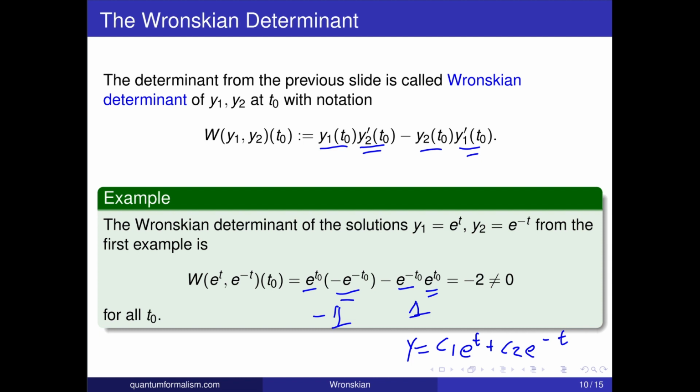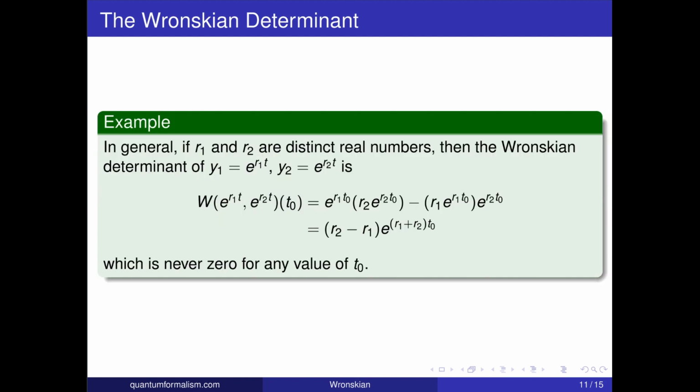I claimed that this actually worked for not just this first example, but any constant coefficient linear homogeneous second order equation where the characteristic equation has real distinct roots. So that's a slightly harder calculation, but still pretty easy.